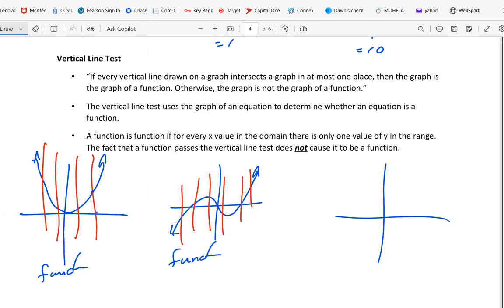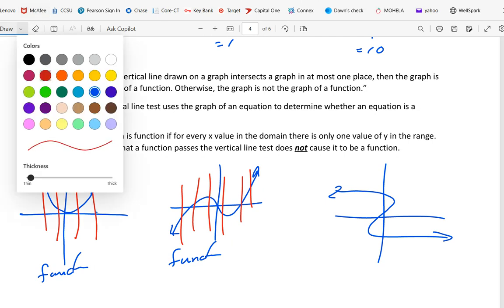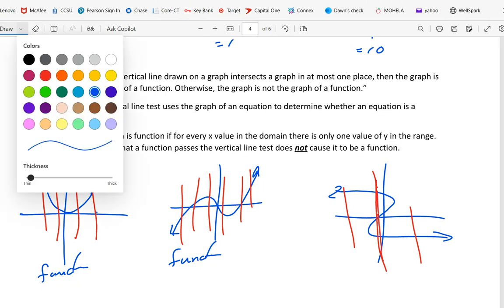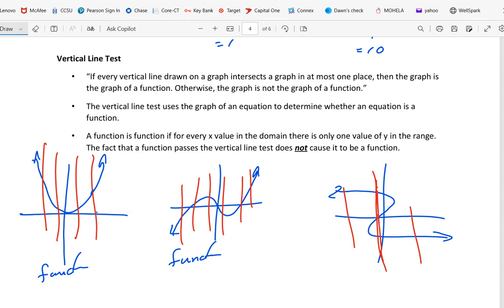If I have a graph that looks like this, if I do my vertical line test, which is to take vertical lines, can I draw a line that will intersect this graph in more than one place? Yes, this middle red line crosses that graph in more than one place. So you notice that if x is this value, y could be this value or this value or this value here. This is not a function.